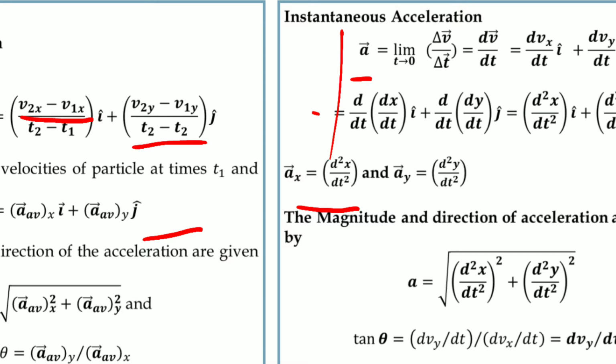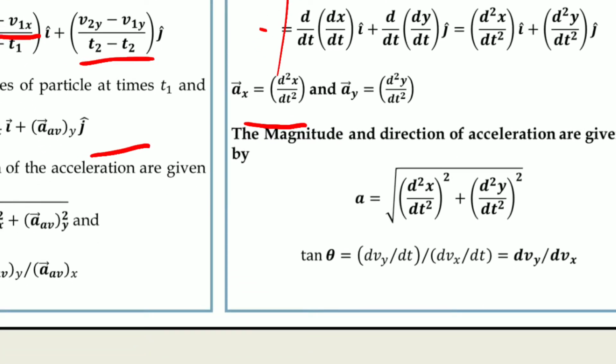As you know how to calculate the magnitude and direction of any vector, the magnitude of acceleration is given by a equal to the square root of d2x by dt square whole squared plus d2y by dt square whole squared.